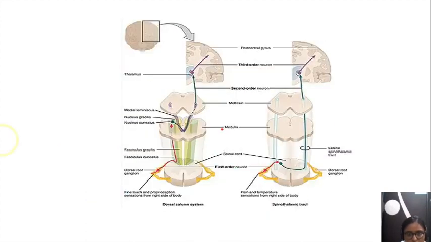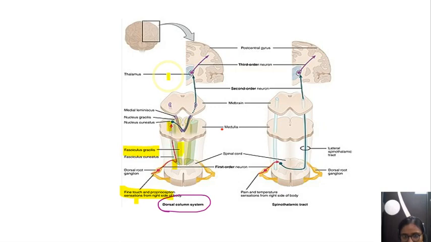I'll show you in the diagram also. For example, see, this is your dorsal column system or dorsal column medial lemniscal system. See, these are your sensations and this is your dorsal root ganglion like we have discussed in our diagram. From here the sensations are coming to the dorsal gray horn, then in the dorsal column it will ascend upwards up to the medulla. These are your fasciculus gracilis which are on the medial side.